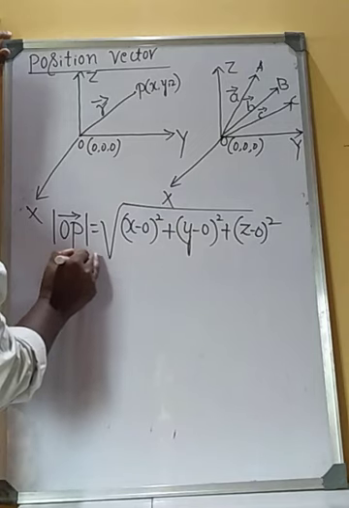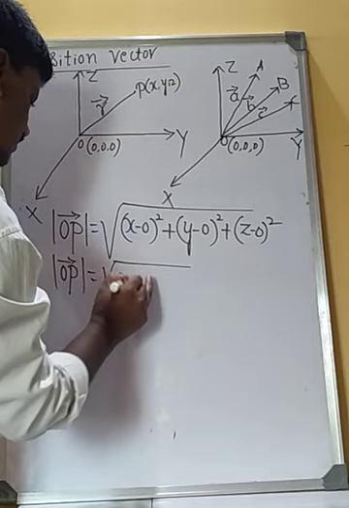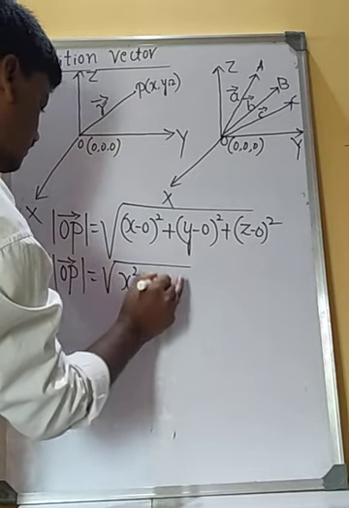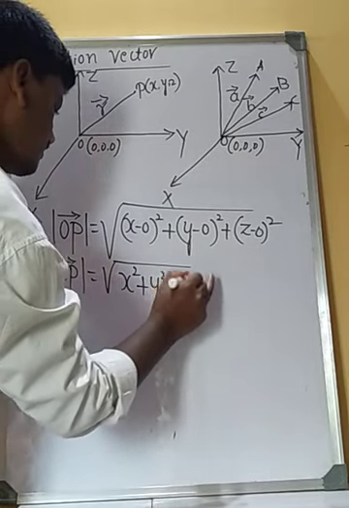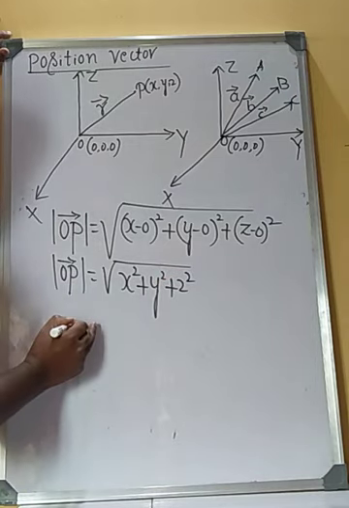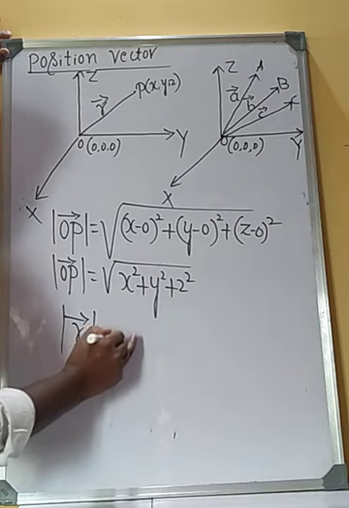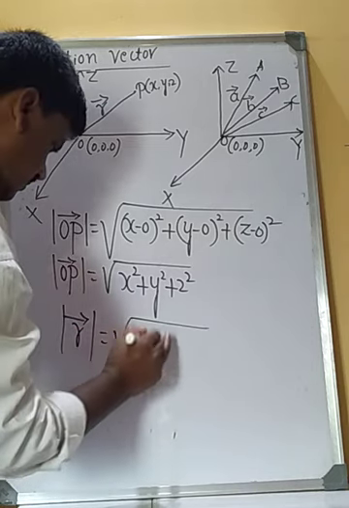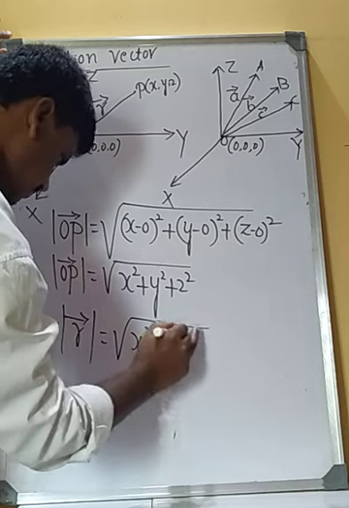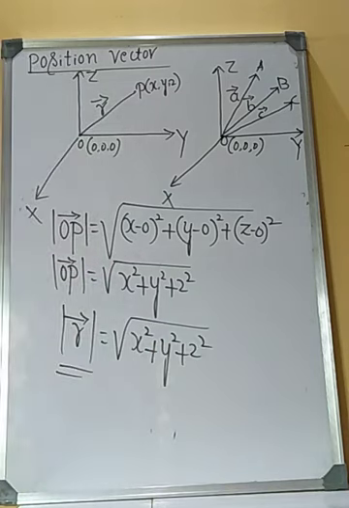Therefore, magnitude of vector OP, or magnitude of vector r, is equal to the square root of x square plus y square plus z square.